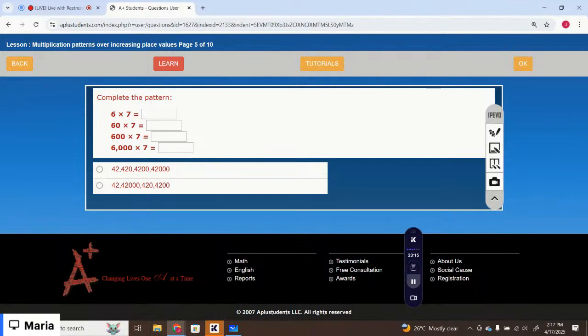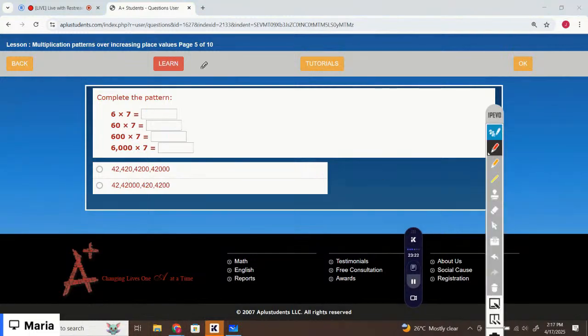Complete the pattern. 6 times 7, 60 times 7, 600 times 7, and 6,000 times 7. So 6 times 7 is 42. 60 times 7 is 420. And 600 times 7 is 4,200. And 6,000 times 7 is 42,000.